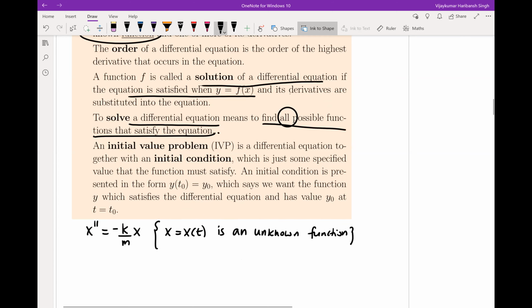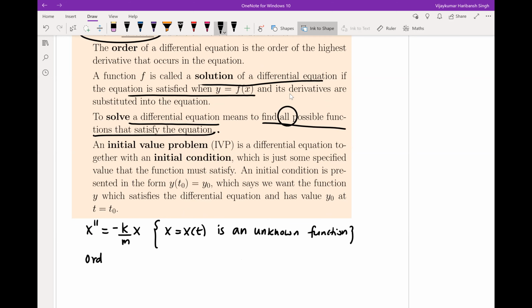What is the order of the differential equation? What is the order of the highest derivative occurring here? The order of the highest derivative occurring here is 2. So order is 2.